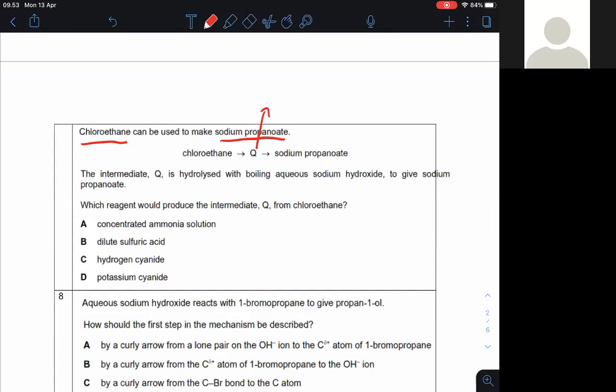Now, in this case, which reagent will produce the intermediate Q from chloroethane? Take note, sodium propanoate, propan is 3 carbon. Ethane is going to be 2 carbon. If you want to change 2 carbon to 3 carbon, I'll call Victoria again. Victoria, 2 carbon to 3 carbon, what do you need to add?